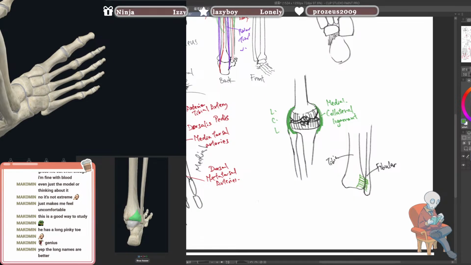So it'd be funny if I'm wrong. If attached to the tibia and fibula, probably it is called the tibiofibular ligament. And I almost got tricked because the tibia is so long.